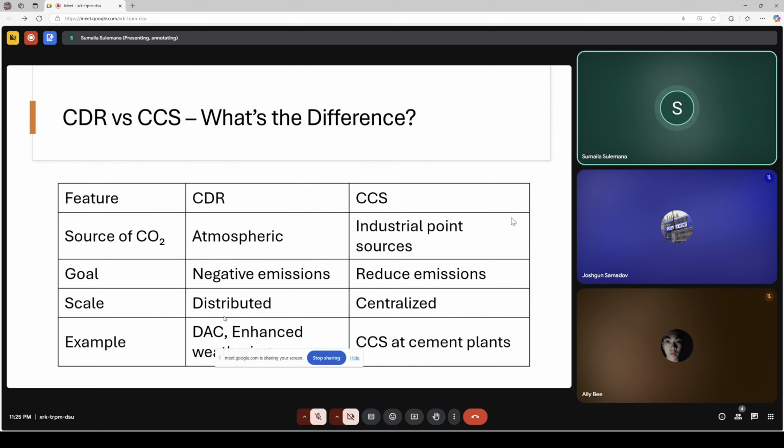In terms of scale, it's kind of distributed, and it's fairly performing some of these CDR technologies. Let's say, for instance, direct air capture. In terms of geolocation and where to actually build some of these techs, it's not rocket science.